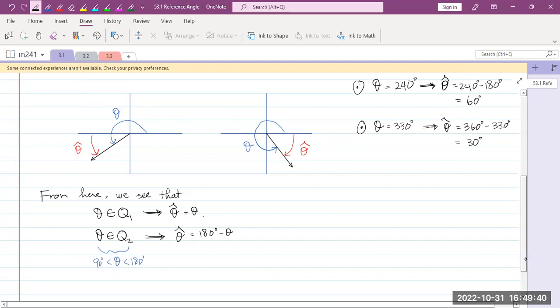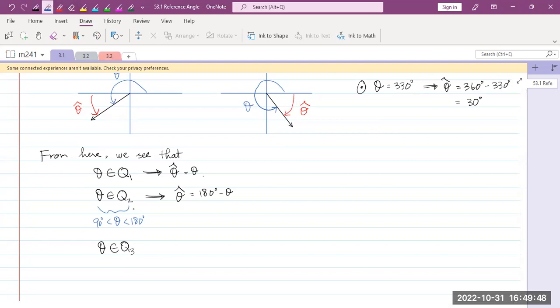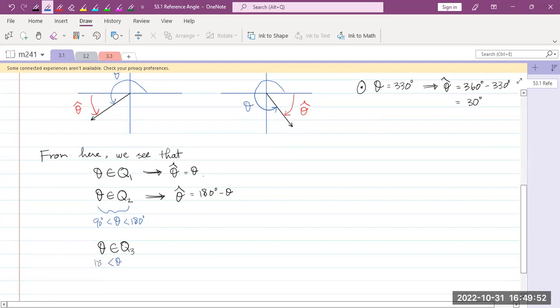Now if the angle theta is in quadrant 3, which means it is between 180 and 270, then the reference angle will be that angle theta, which is already more than 180 degrees, minus 180 degrees.